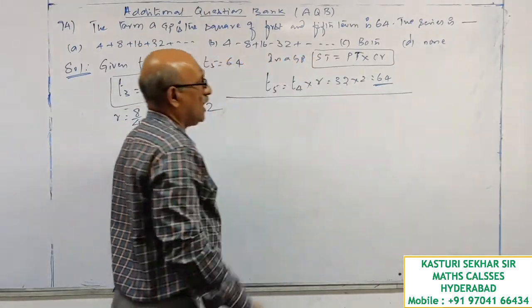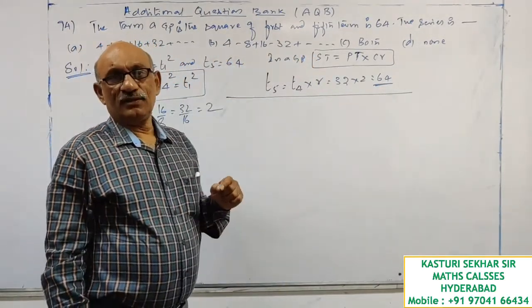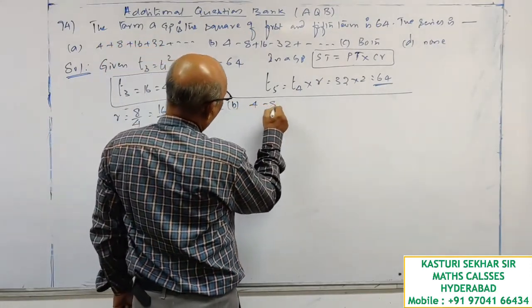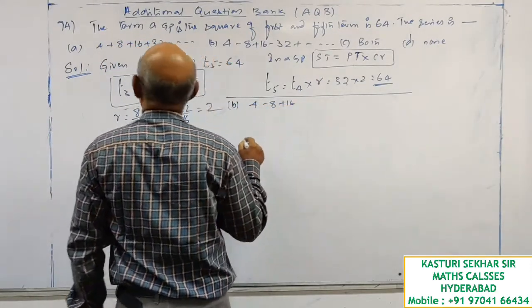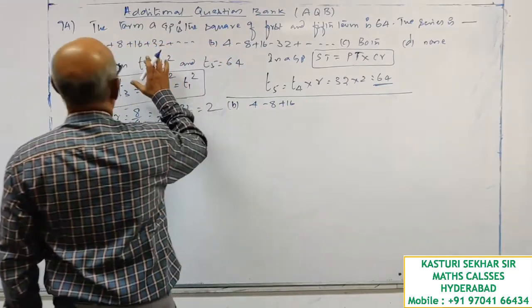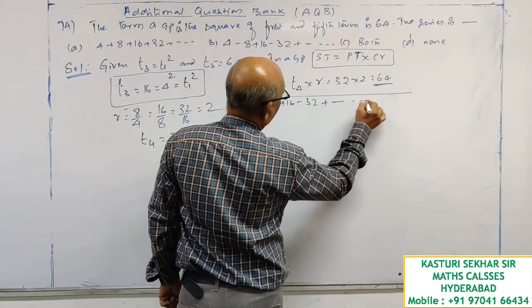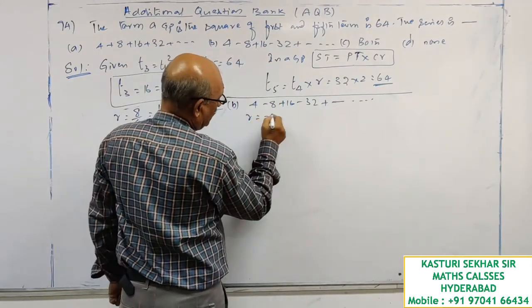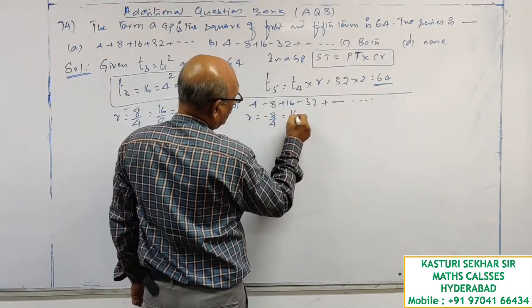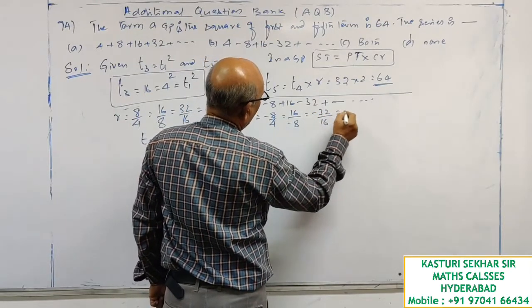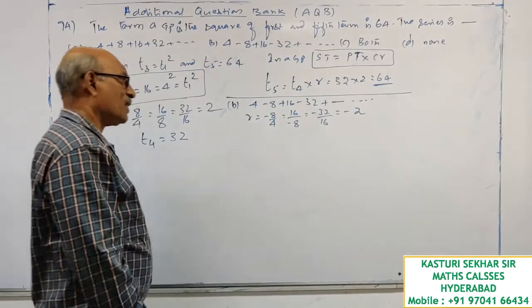Okay. Now both option is there, so let me check option B also. 4 minus 8 plus 16 minus 32 plus minus etc. Common ratio: minus 8 by 4, 16 by minus 8 is equal to minus 2.